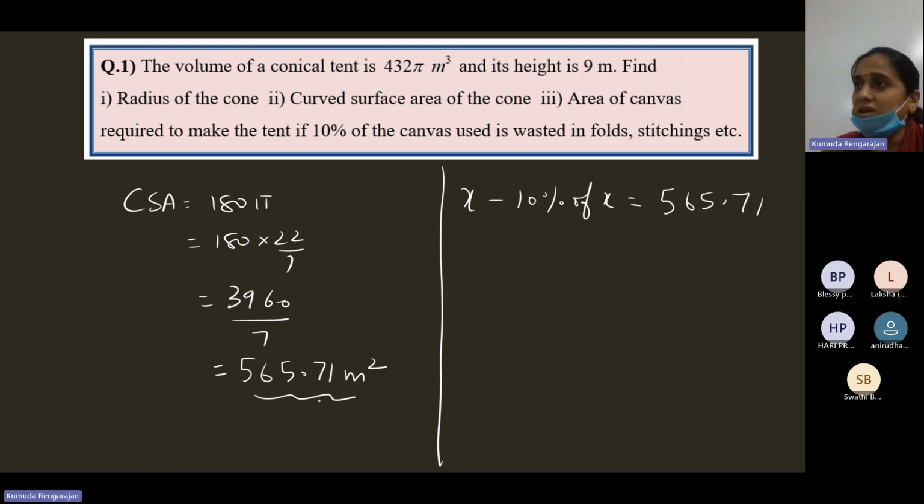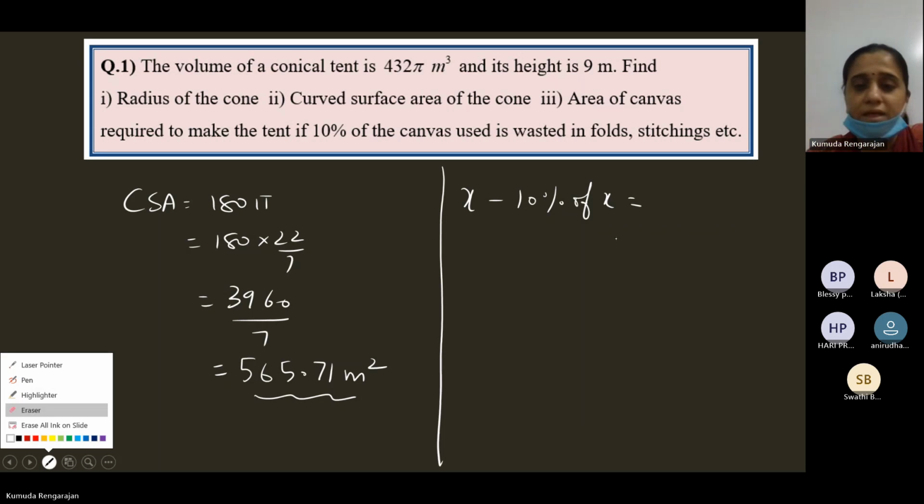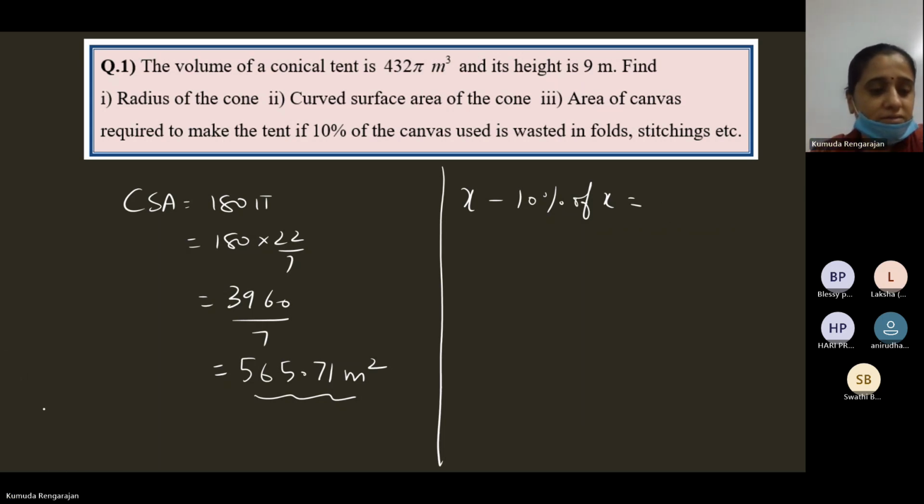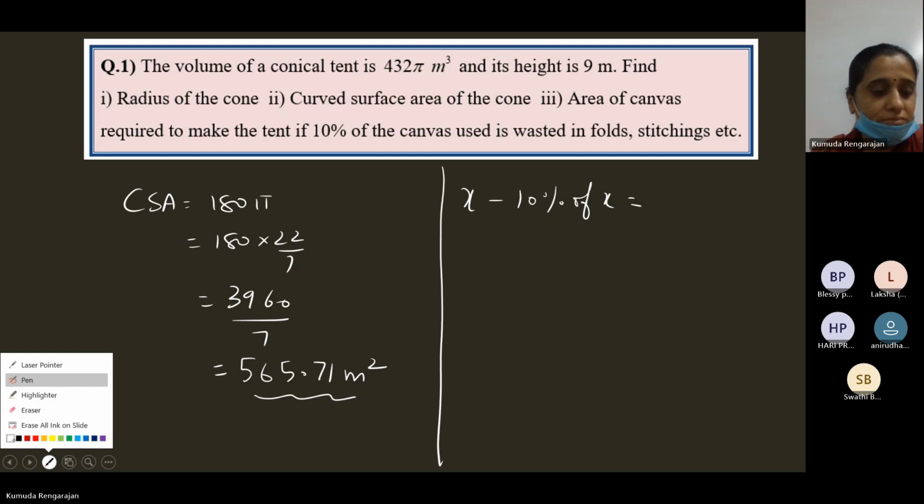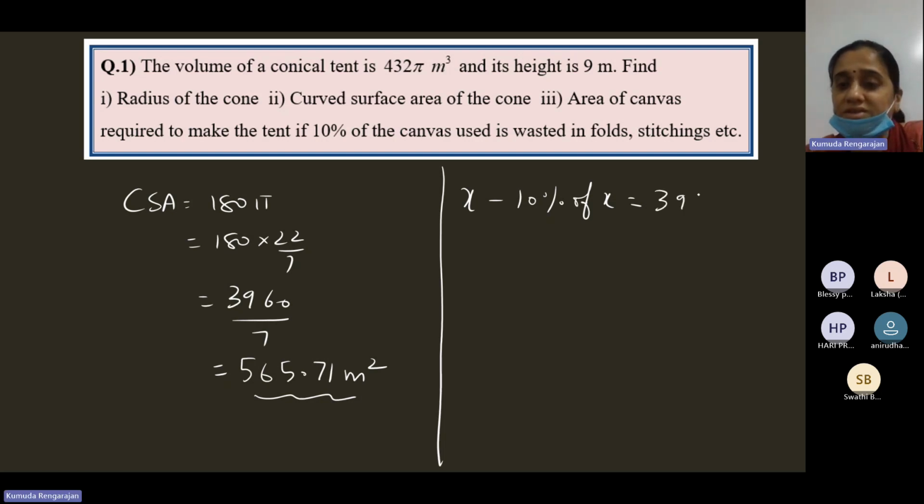But that's not an exact value, that's an approximation, right? But what is exact? The exact value is 3960 by 7. You can use this one for further calculation.